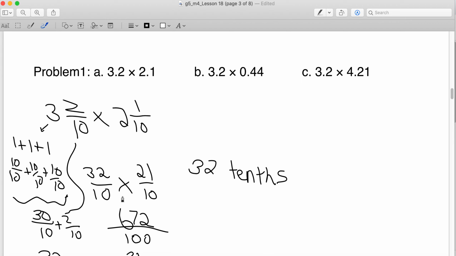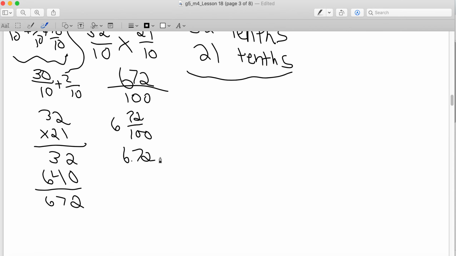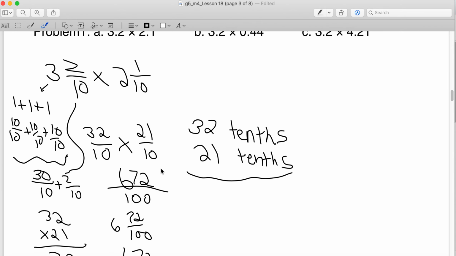So then this is what? This is 21 tenths. Okay? All right, so this is really the same thing that I did down here at the bottom, except for now I'm writing it with my unit form. So this is 32 tenths, this is 21 tenths, and we're going to multiply the two.